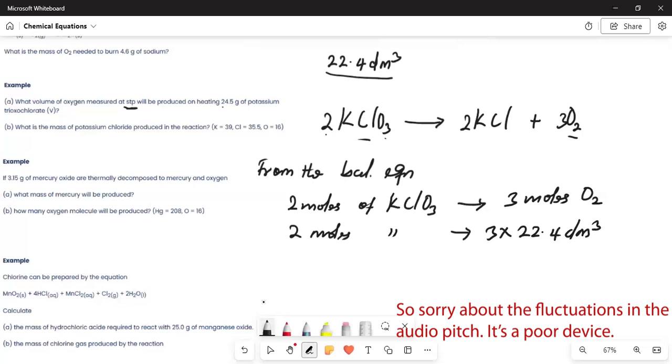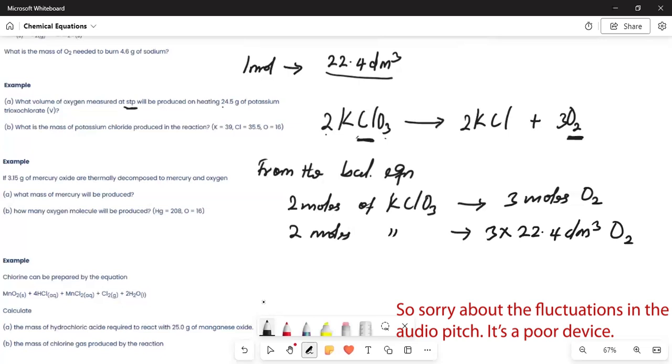Why is it so? Because we said that 1 mole of any gas has a volume of 22.4 dm³. But in this reaction, the reaction produced 3 moles of oxygen. So that will be 3 times 22.4 dm³ of oxygen from this balanced equation.